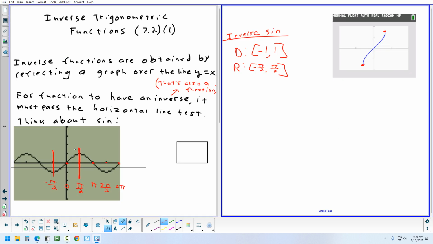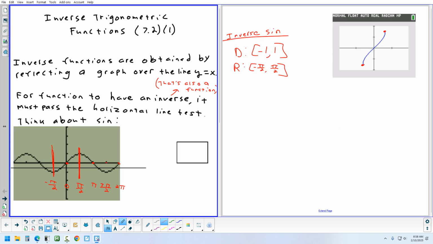Now, I want to think how that connects to what we have in that box right there. That's original sine. Okay, that's the original. Let's write down the domain and the range of the original, just focusing on what's inside that red box.